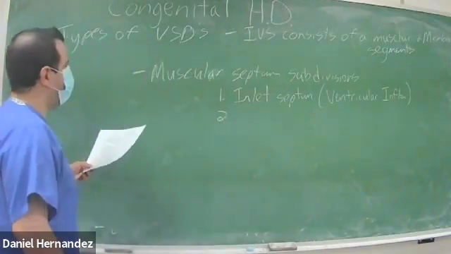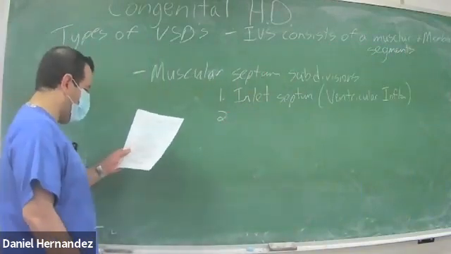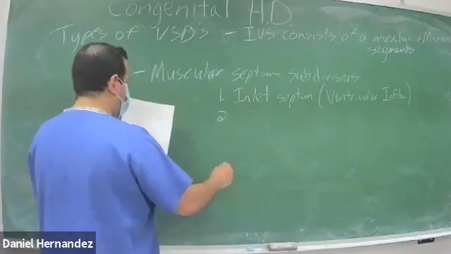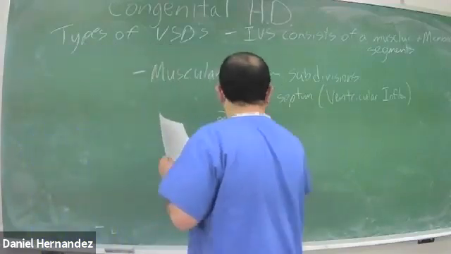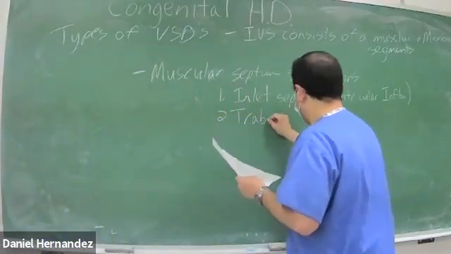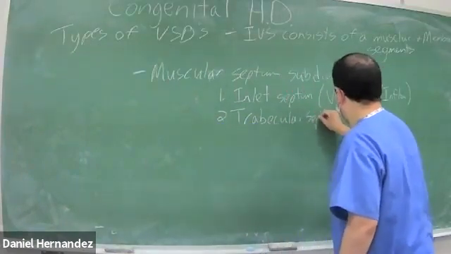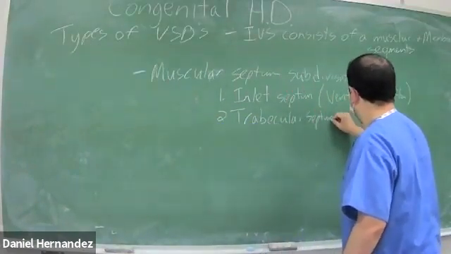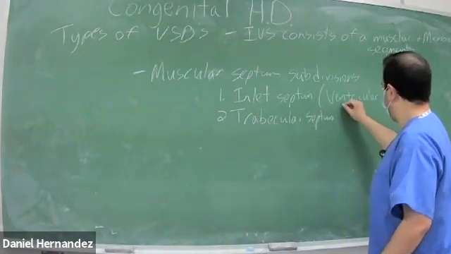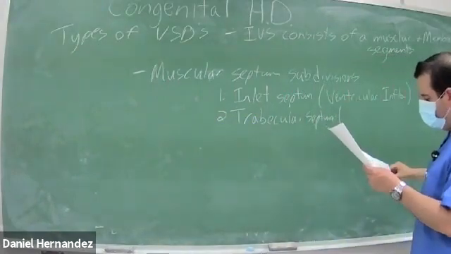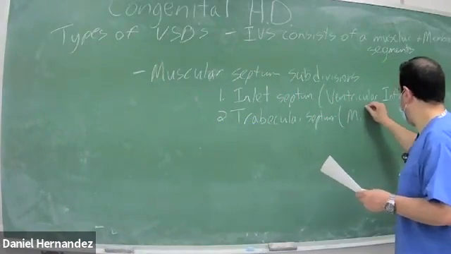Another subdivision of the muscular septum is our trabecular septum. That is the mid portion.